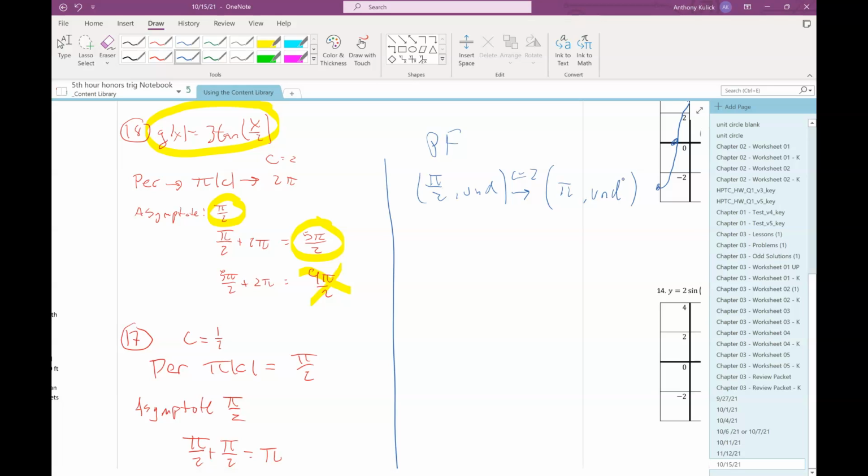I'm doing 18. Sorry. You're good with that though? Our period is still 2 pi. So we really have pi for the first one, and then pi plus 2 pi for the second one. And if I do it again, it's too big.